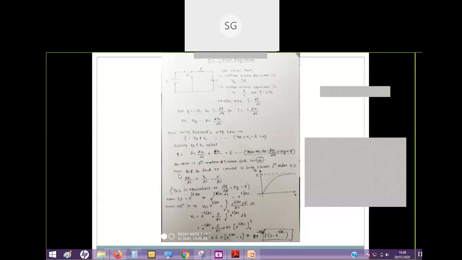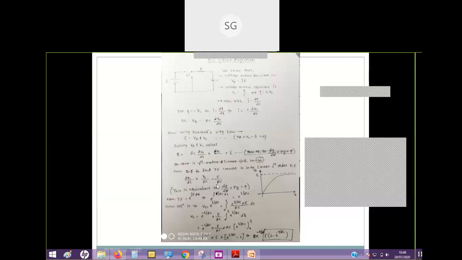Now we can say that this is equivalent to dy by dx plus py equal to q, which is the standard form of first order linear differential equation. If this is the standard equation, then the integrating factor is given by e raised to integration p dx.